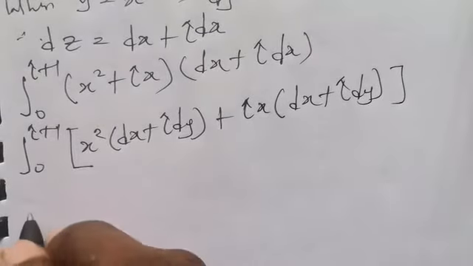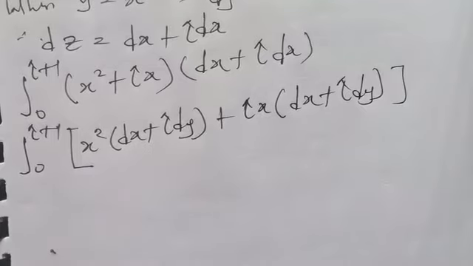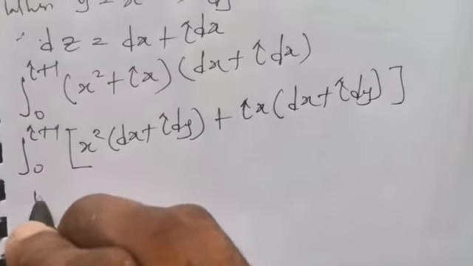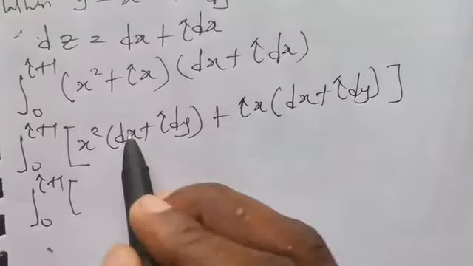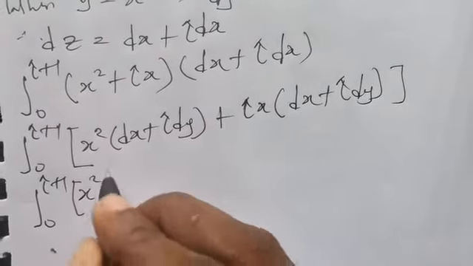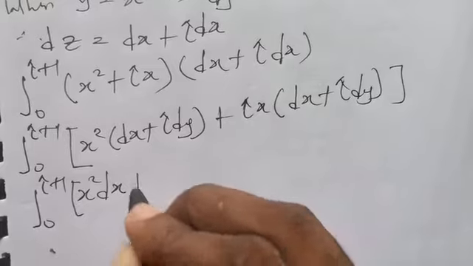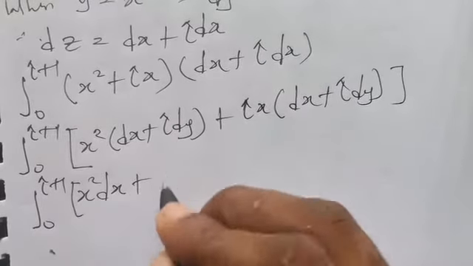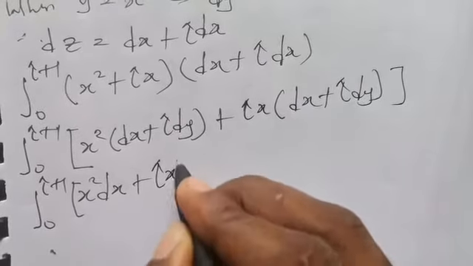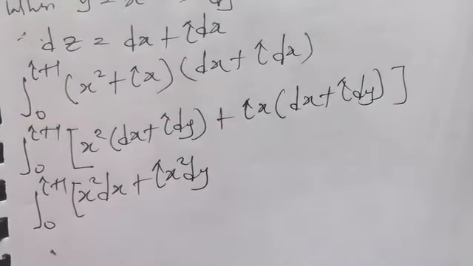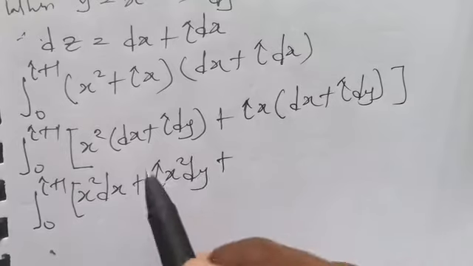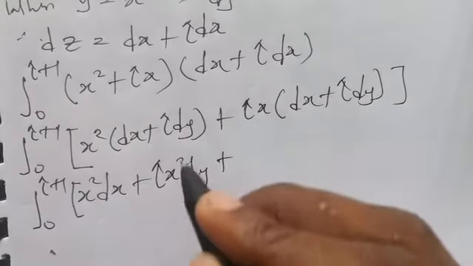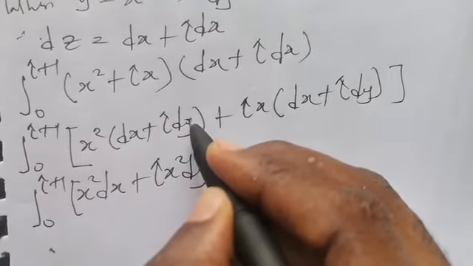Okay, so the integral from 0 to i plus 1 will now become x squared times dx. This gives us x squared dx plus x squared times i dx. This gives us i x squared dx. Okay, plus ix multiplies dx.